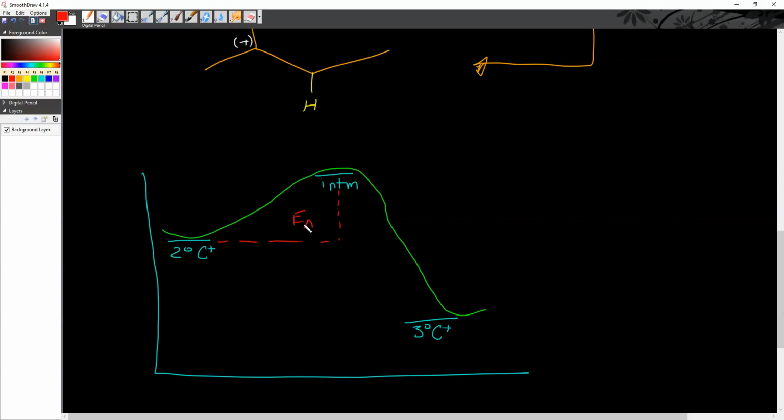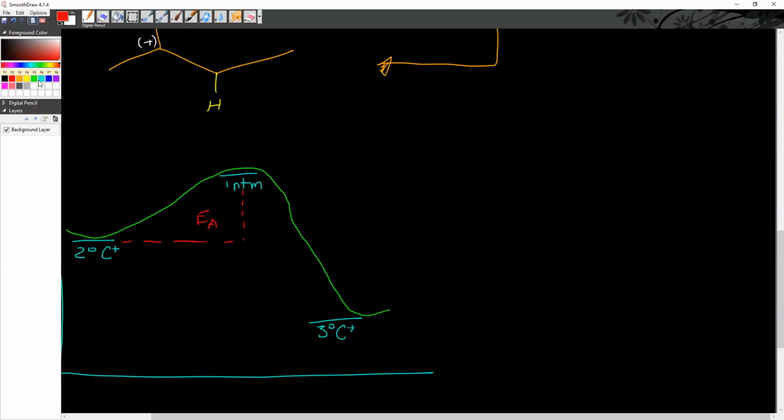Even though the tertiary is wildly more stable, we still have to go through this unstable intermediate step.